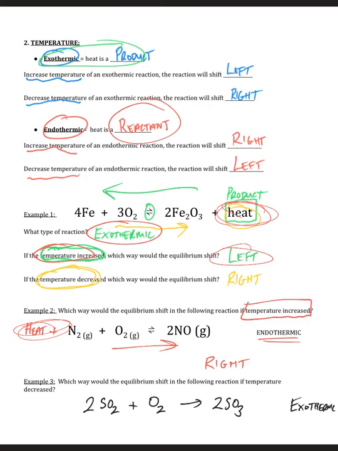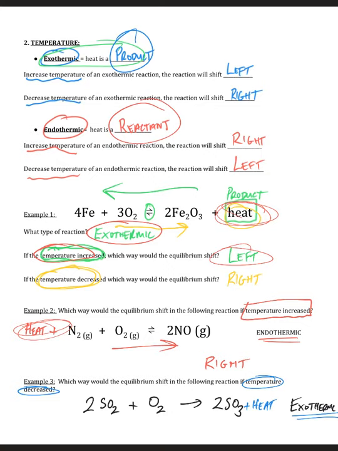Okay, this last example says, which way would equilibrium shift if the temperature were to be decreased? Well, first thing I'm going to look at, is it endo or exothermic? It's exothermic. So this time heat is a product because more heat is released. So I'm going to write in heat on the product side. And if temperature decreases, the reaction is going to find a way to increase that temperature back up.